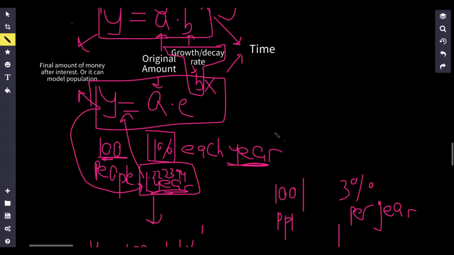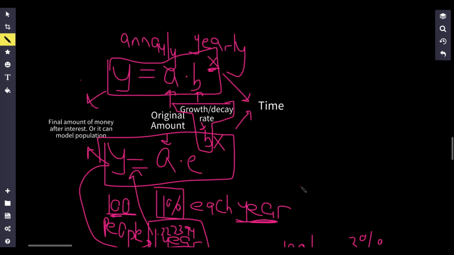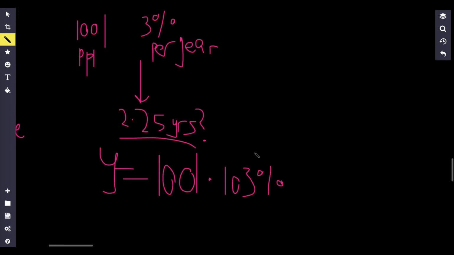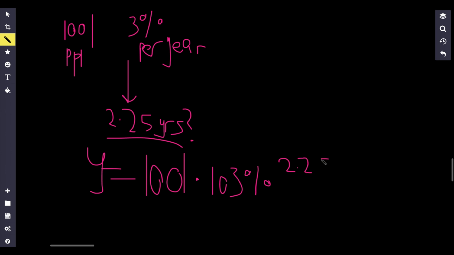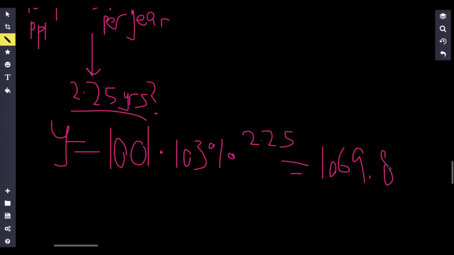And it's to the x power, which represents time. So in this case, my time is 2.25 years. And I'm going to get 1000 times 1.03 to the 2.25. I get about this, and then 0.84.